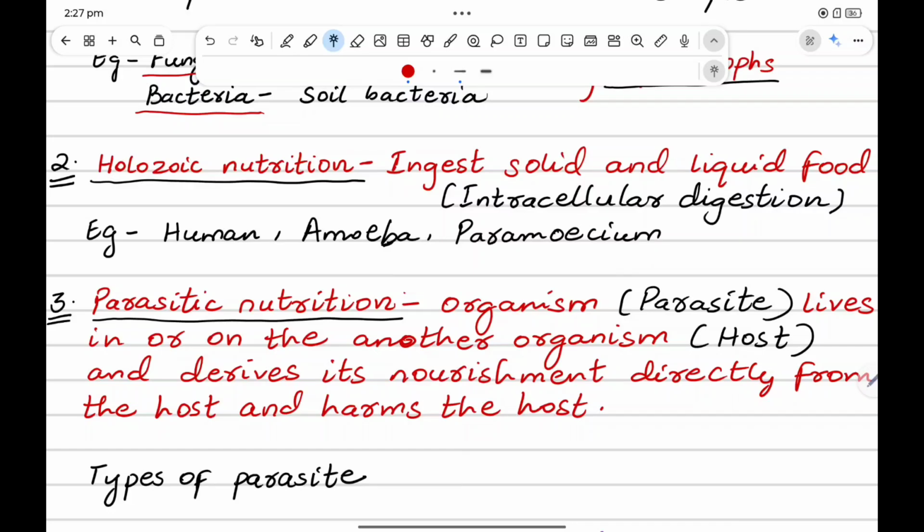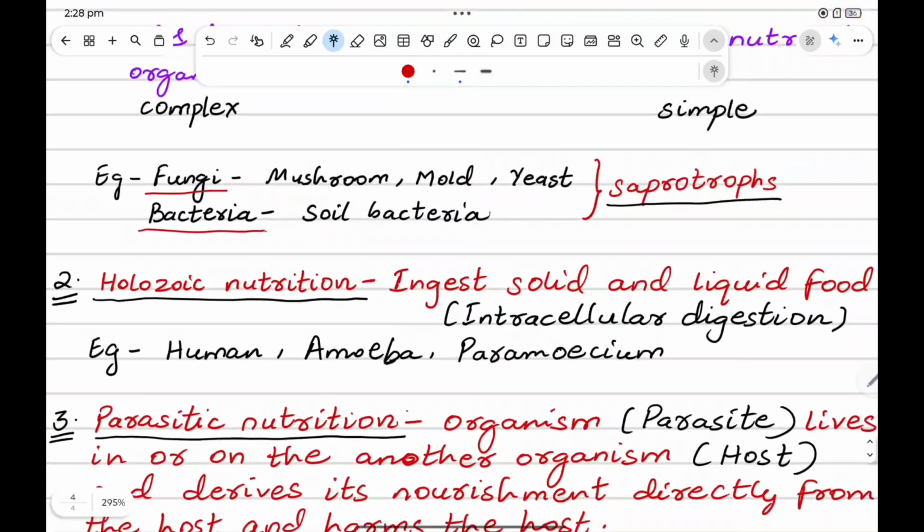Human beings have hands, and amoeba has pseudopodia to take food inside their body. So human beings and amoeba take food inside their body and digestion occurs inside their body with the help of enzymes. That's the reason such digestion is known as intracellular digestion.